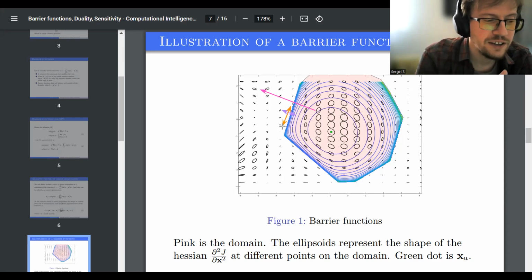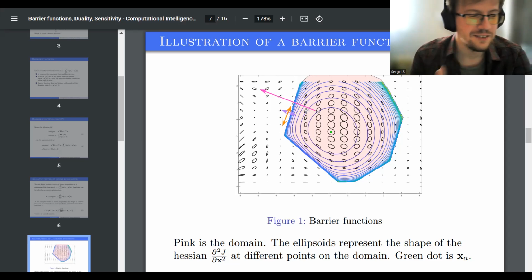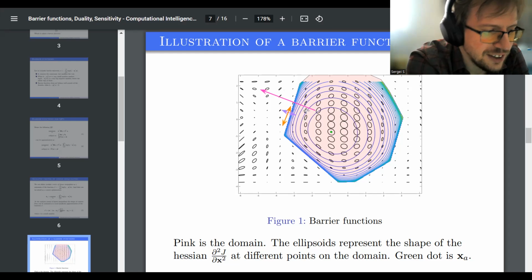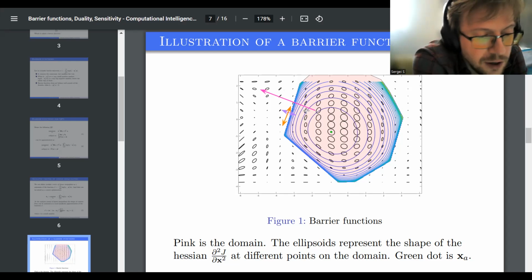We basically hardly curve. So the Hessian is going to be completely degenerate, okay? So it doesn't behave like a linear function. It basically behaves like a function which curves in one direction only, right? That's what I wanted to say. And this is a sign that you are next to the edge.